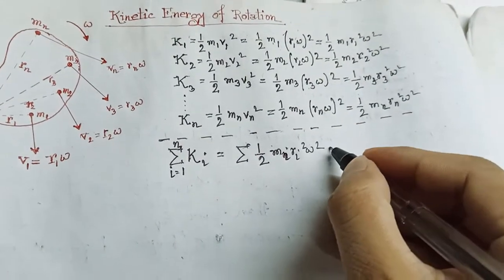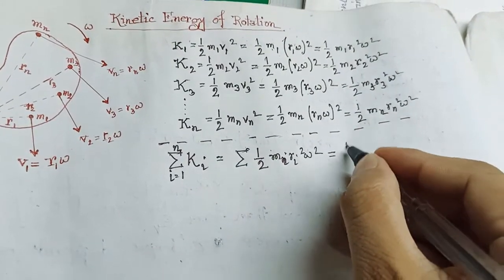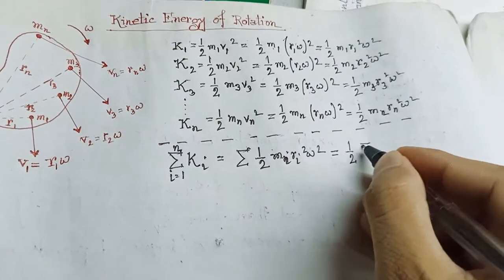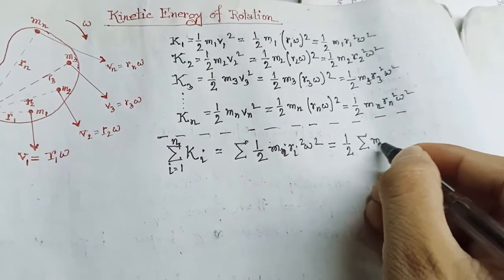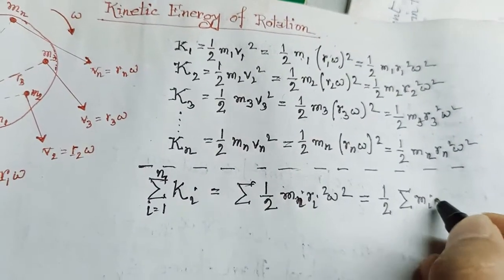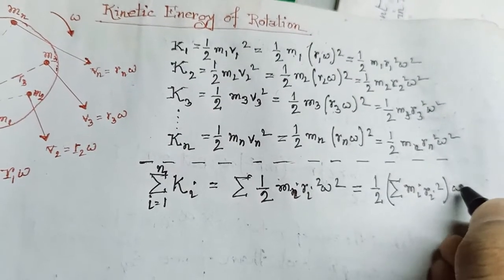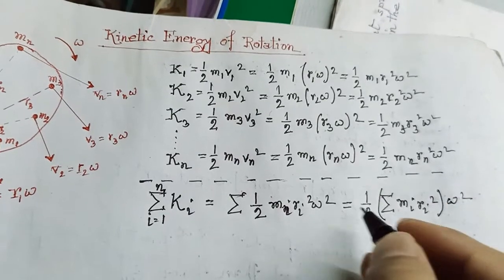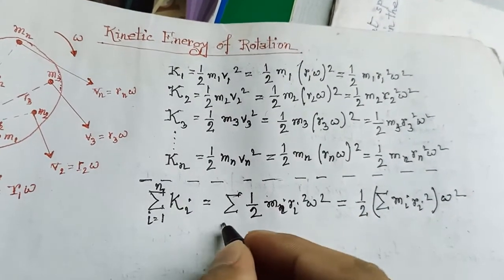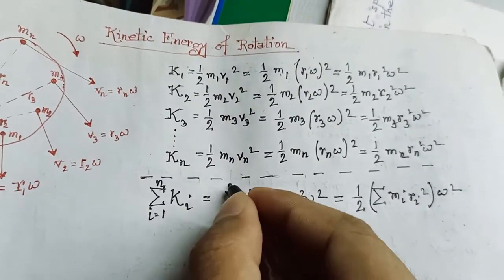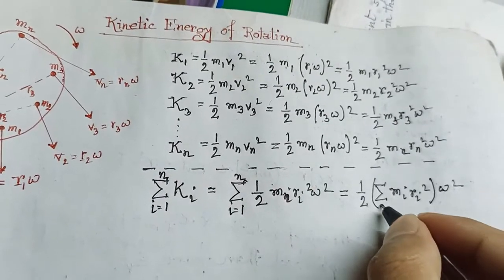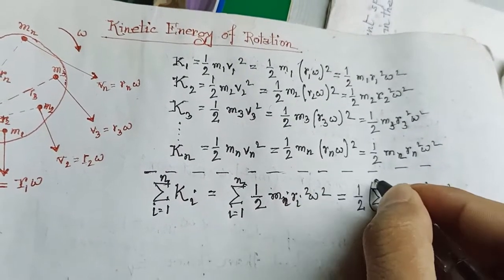So this can again be written as half summation of mi ri square into omega square, where i ranges from 1 to n.